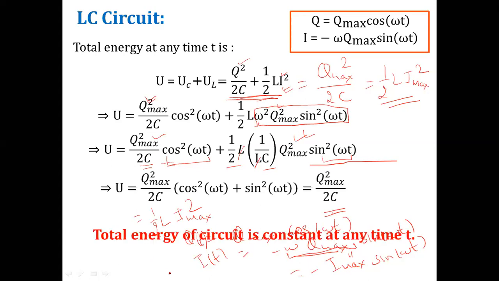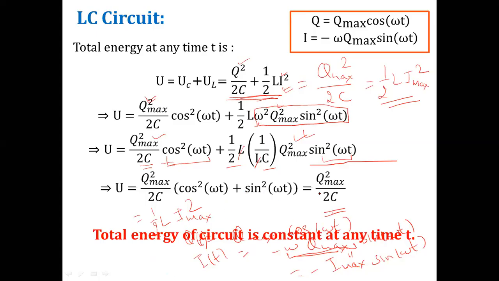From here, we have proved that at any point of time, your total energy, not only at the fixed intervals that we did in the figure conveniently, but at any random point of time, your total energy, which is the sum of the energy stored in the capacitor and inductor, is going to remain constant.